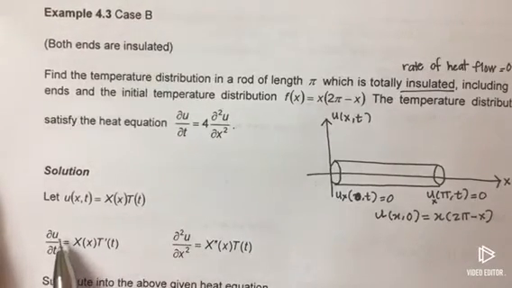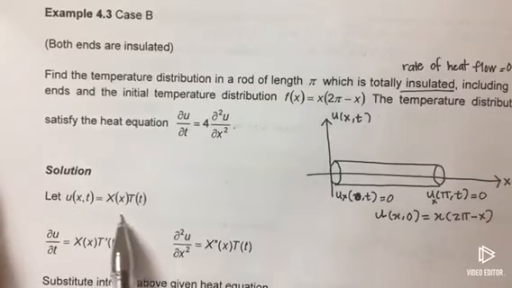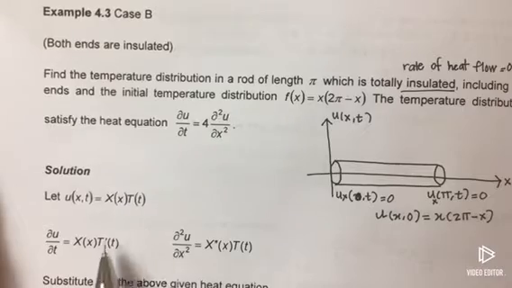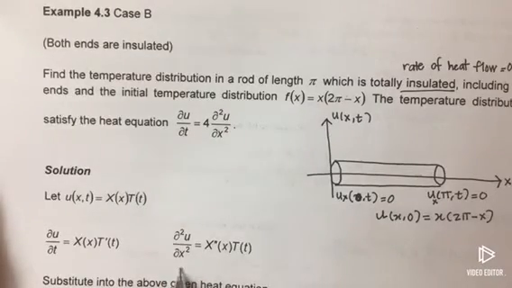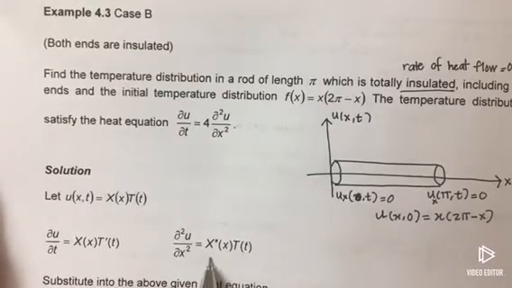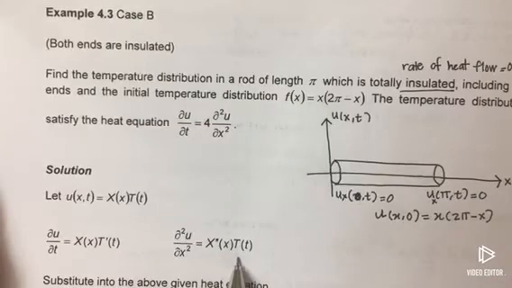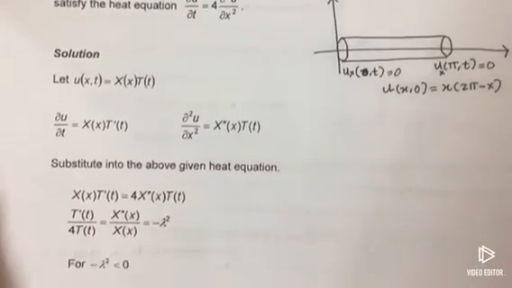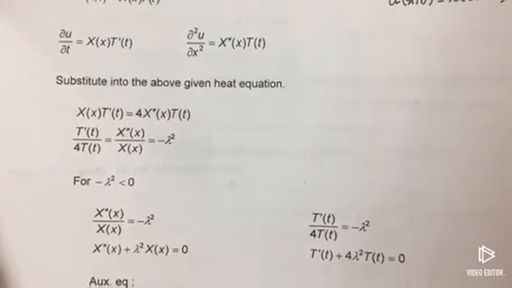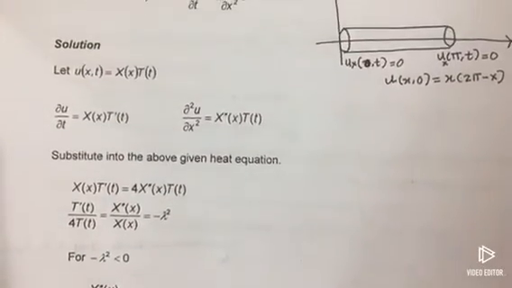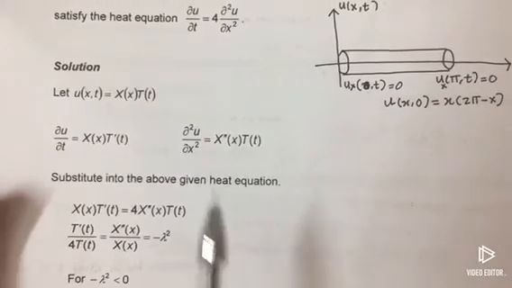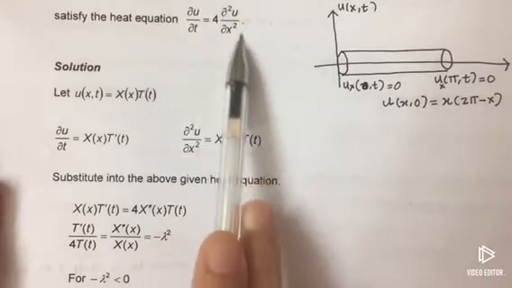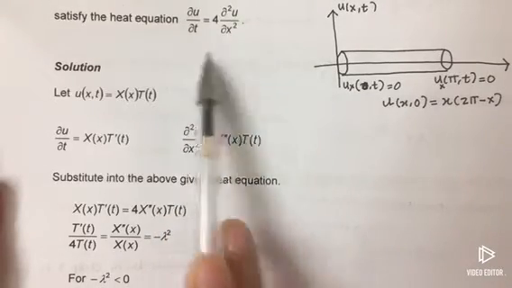Okay, then we find del U del t. From here, we get X T prime. Then we find del squared U del x squared. We get X double prime times T. Okay, next we substitute into the above heat equation. Substitute these two equations into the given heat equation.